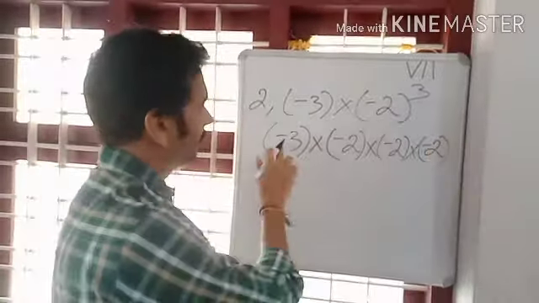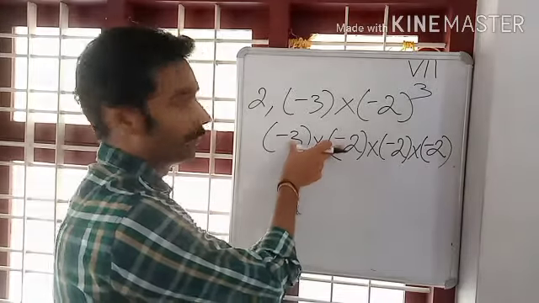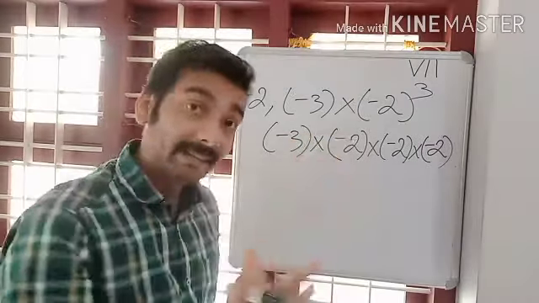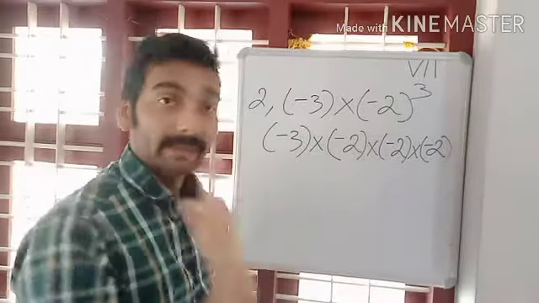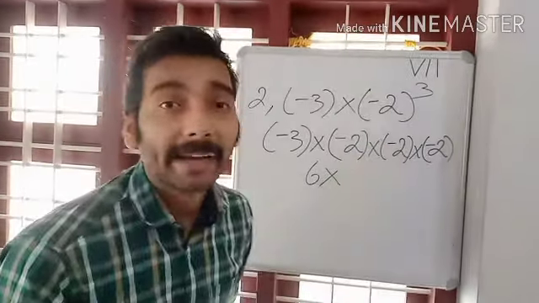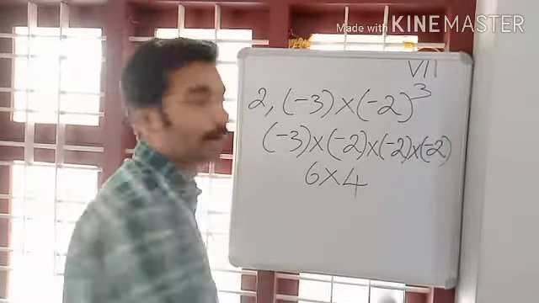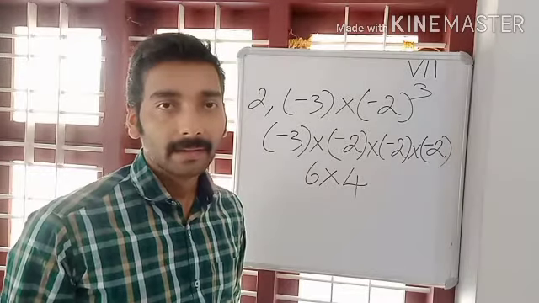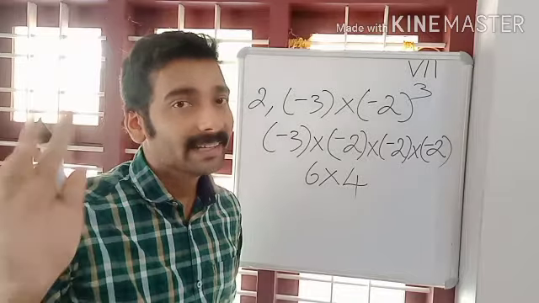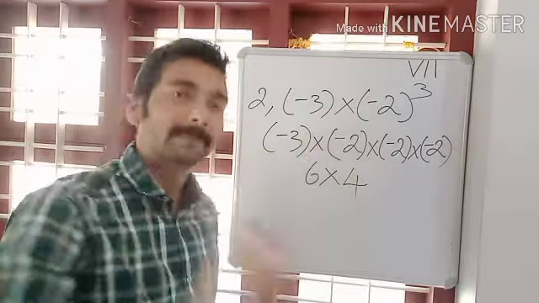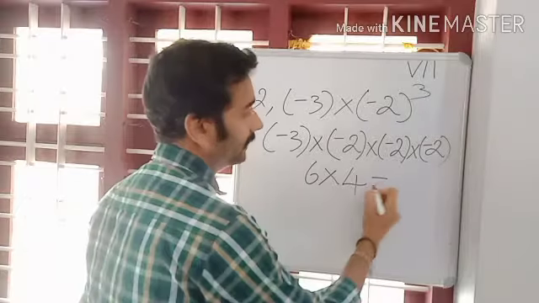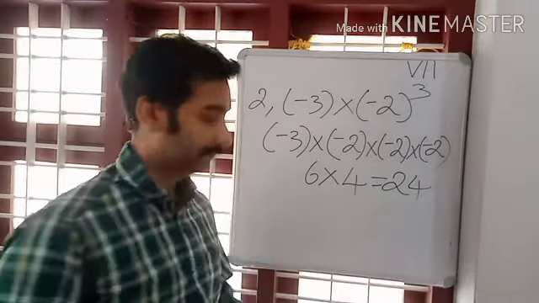Minus 3 into minus 2: two negative numbers make a positive, that means 6. 6 into minus 2 into minus 2 is 4. In case of product, minus into minus is plus. Don't forget. That is 6 into 4 is 24. Clear?